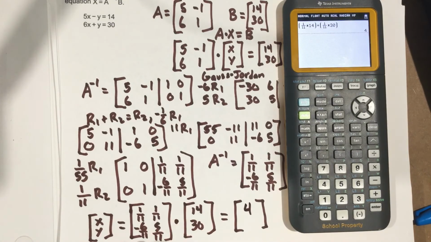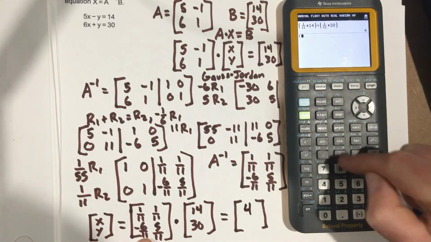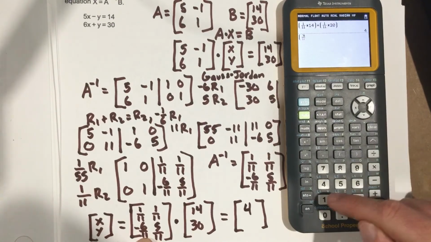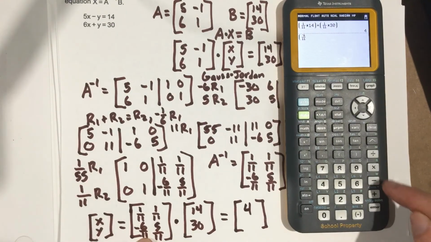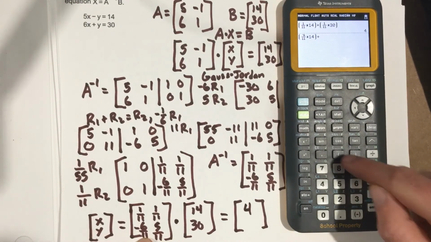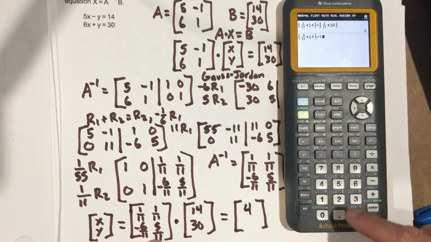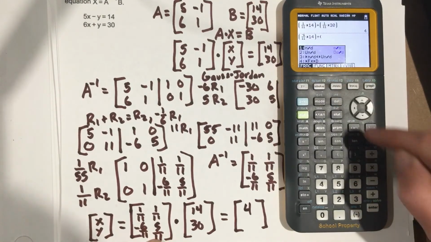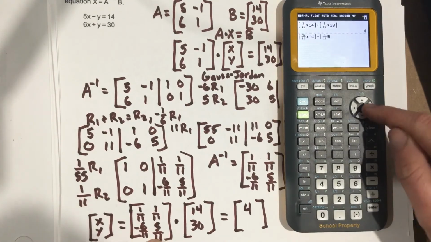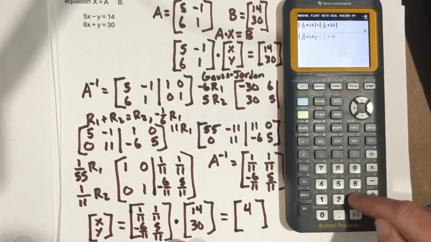And then you go negative 6 over 11 times 14 plus 5 over 11, fraction button again, times 30.